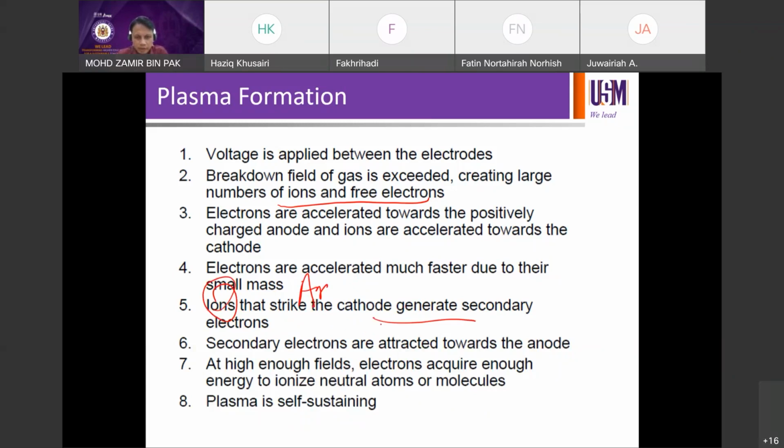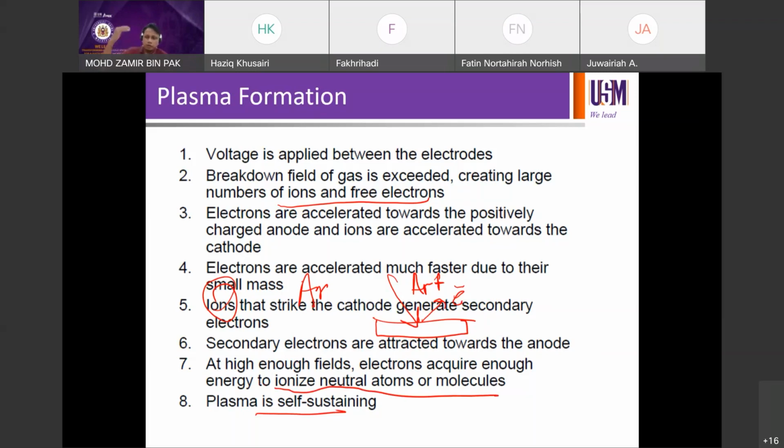Upon collision with the cathode, that will generate secondary electrons. Secondary electrons are attracted towards the anode if the field is high enough. Electrons require enough energy to ionize neutral atoms and molecules, therefore sustaining the plasma.